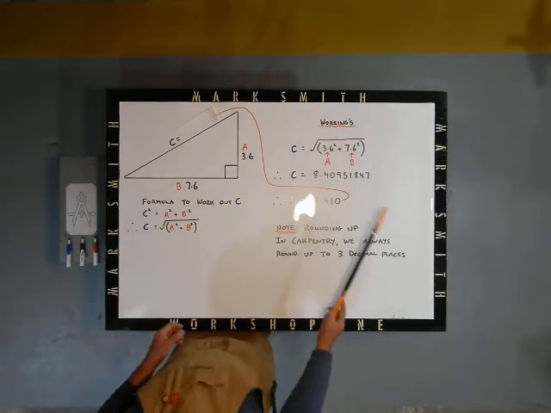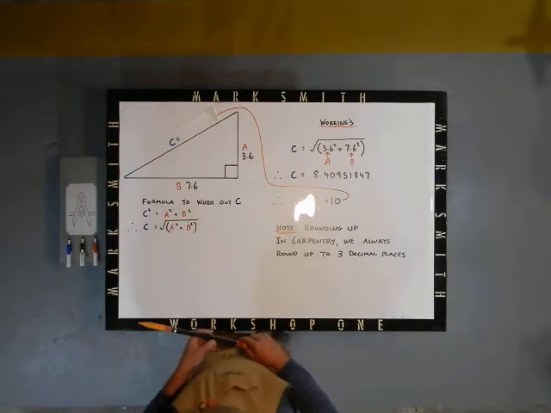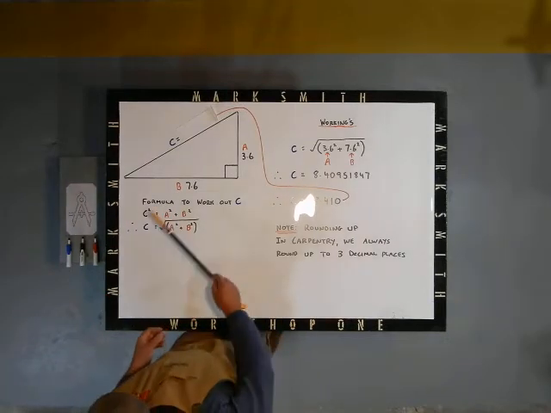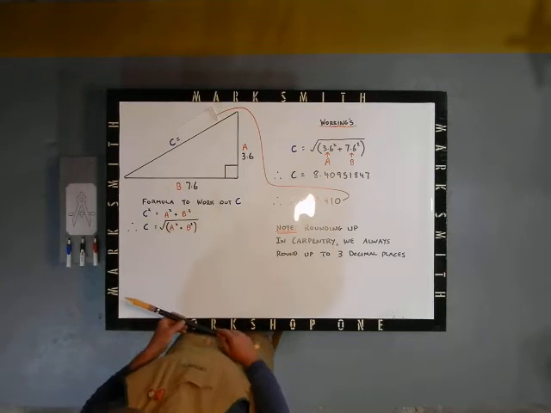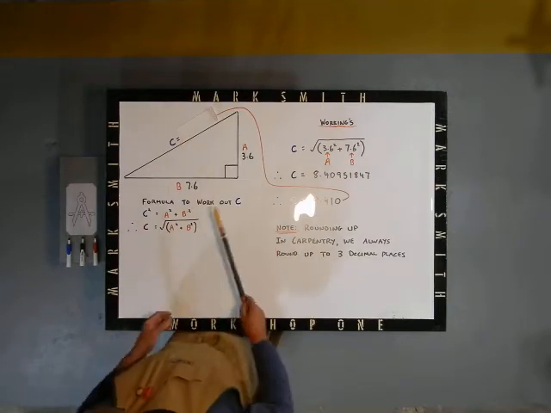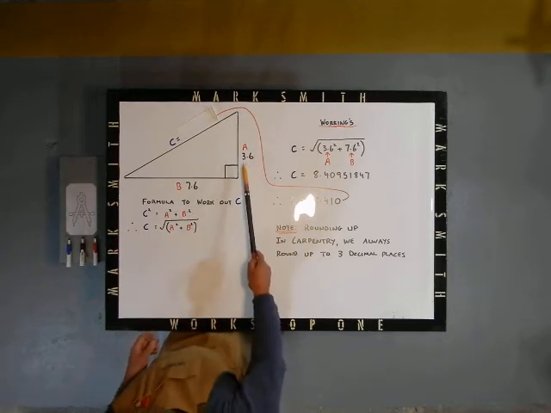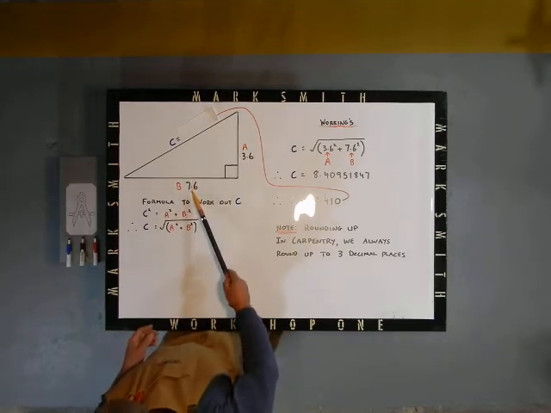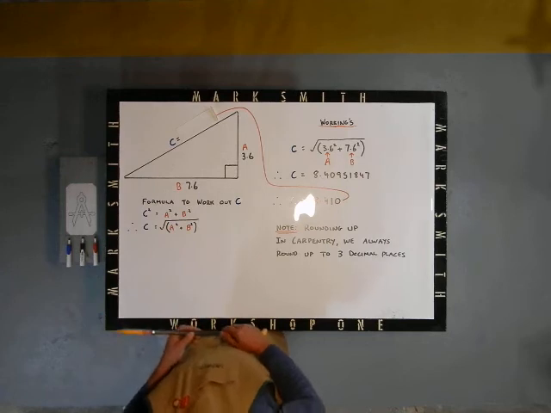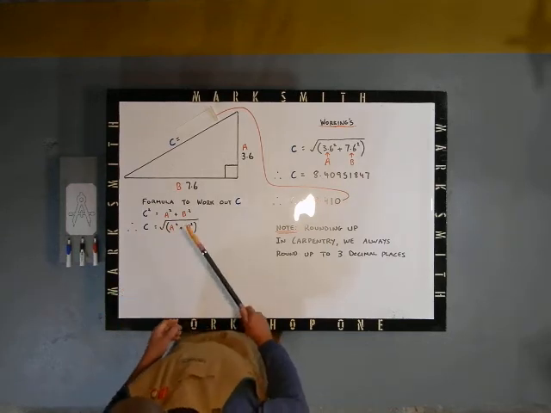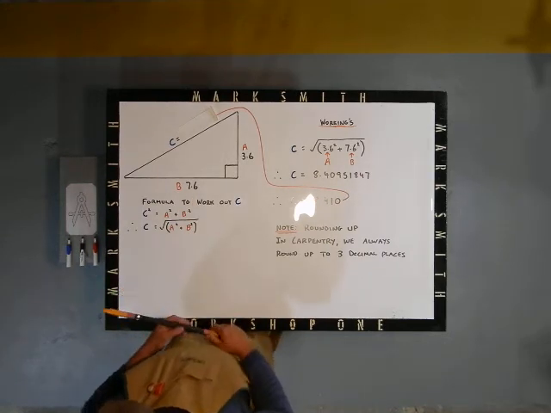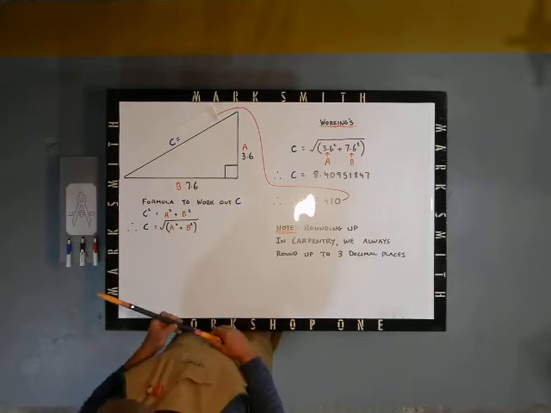Neatness in mathematics is very important. Because we've named it A, B and C, and it's got the length beside each letter, we can then substitute the letter for the number, which makes it very simple.